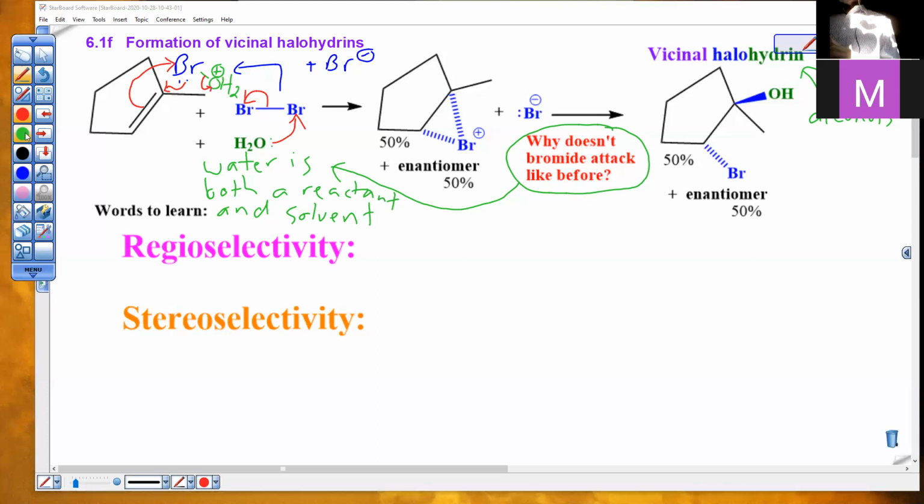So water is also produced here, but don't forget, you don't have to wait for water to be produced. This molecule is surrounded by water. Water will be doing the backside attack on the more substituted carbon. It's triangle day. We're attacking the backside on the more substituted carbon all day. And we're going to get an intermediate here.